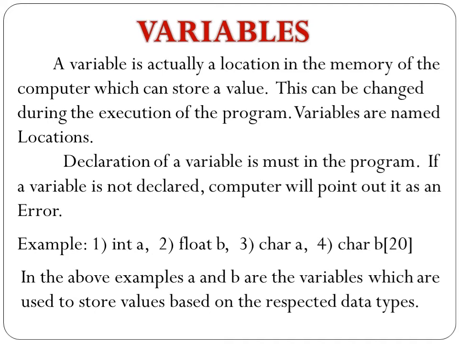Declaration of a variable is a must in the program. If a variable is not declared in the program, the computer will point it out as an error. Here in the above examples, A and B are the variables which are used to store values based on the respective data types.